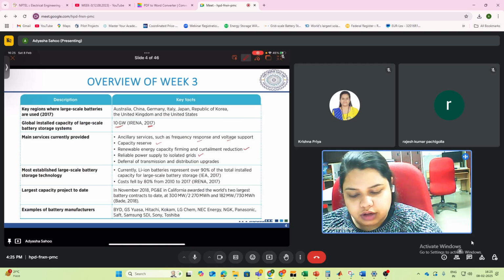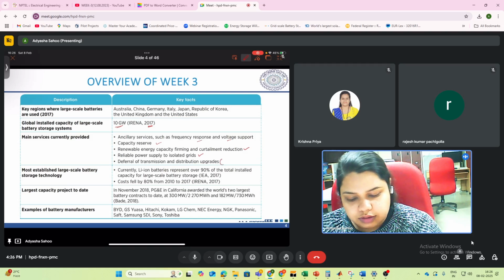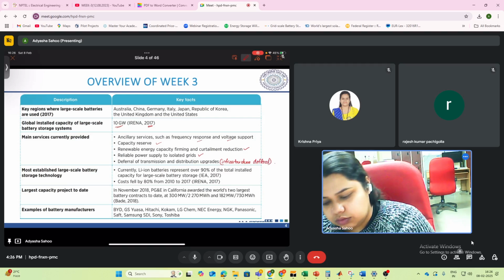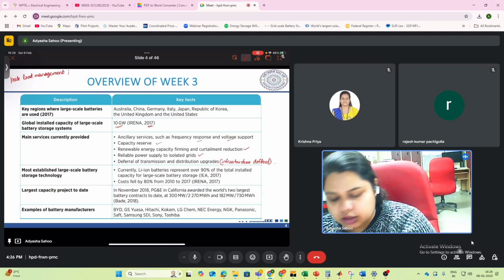Then deferral of transmission and distribution upgrades. So this is basically infrastructure deferral. So we saw that they help in peak load management and also addition of RES.